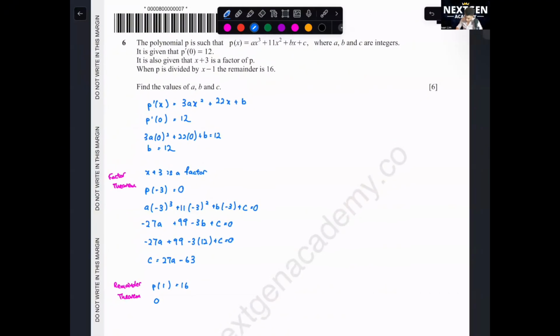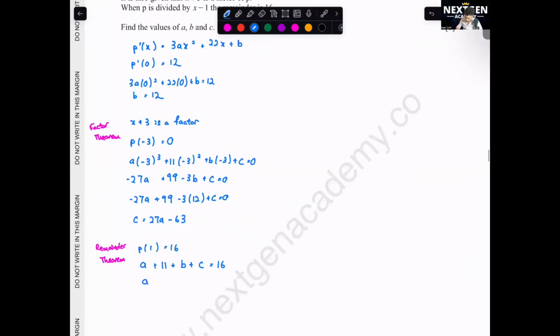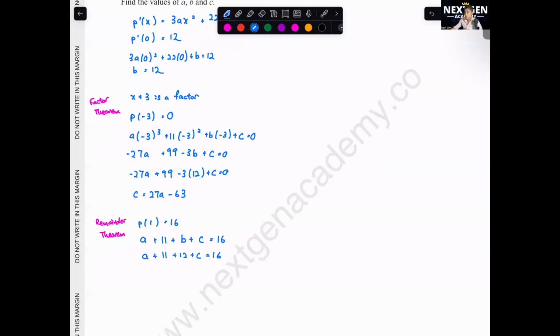It will be a + 11 + b + c = 16. a + 11, the b value is 12, plus c equals 16. I'll just make c the subject also, easier. So c = 16 − 11 − 12 − a, which is −7 − a.